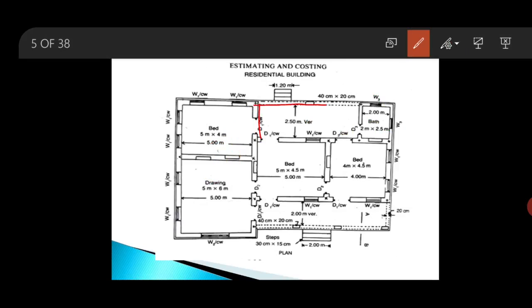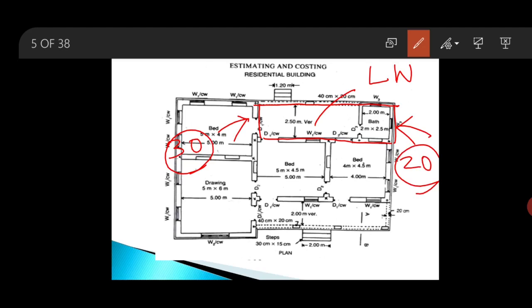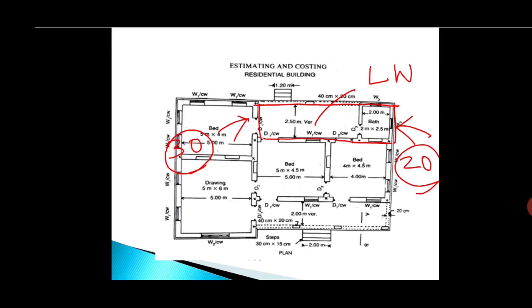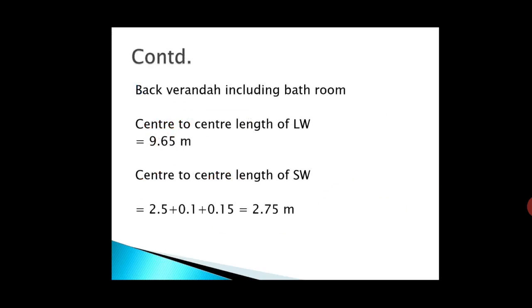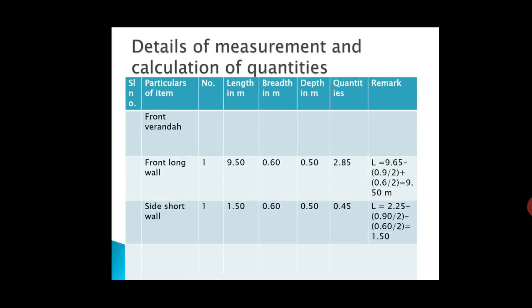So, here this is the back veranda including bathroom, and this one is the long wall, and this long wall is connected to a 30 centimeter wall on one side and a 20 centimeter wall on another side, and this has same center to center length as the front veranda, and it will be calculated in the same manner as of the front veranda. Okay. So, now we will move to the details of measurement form.